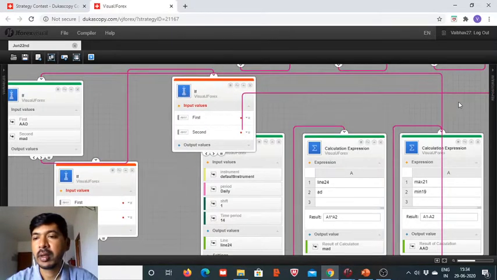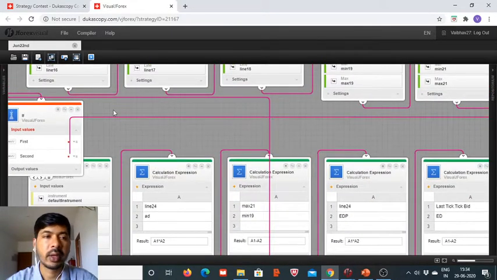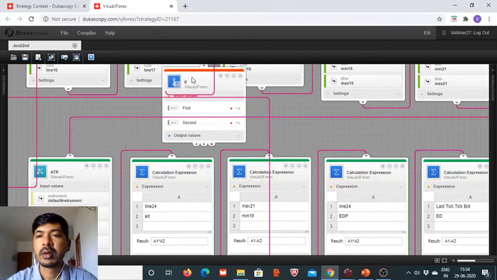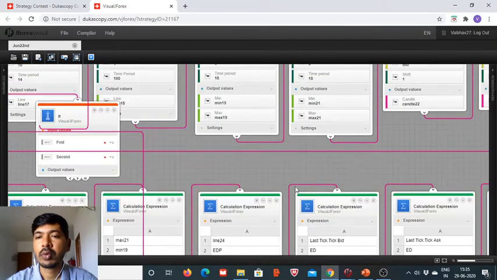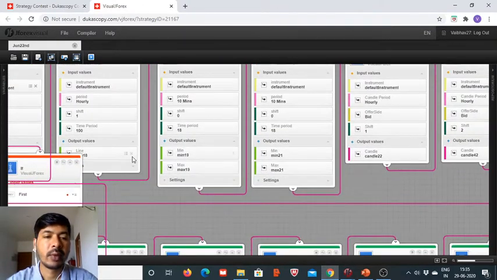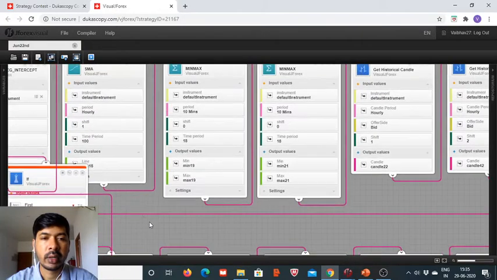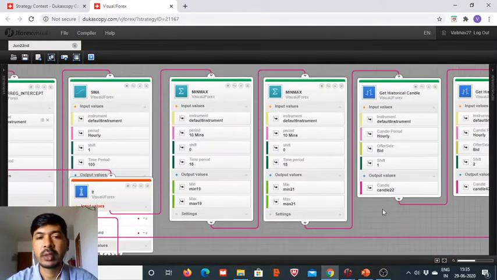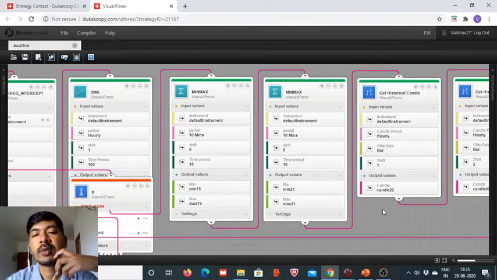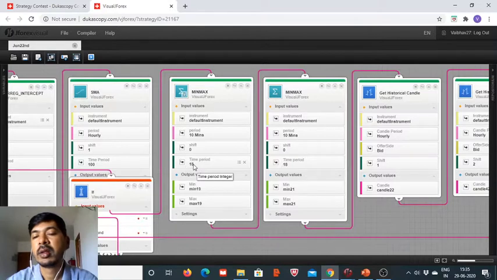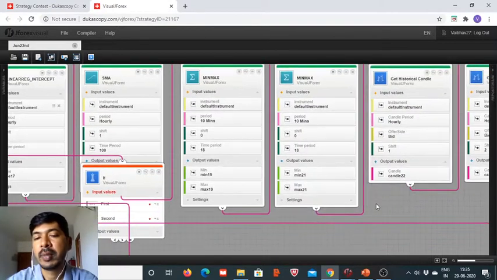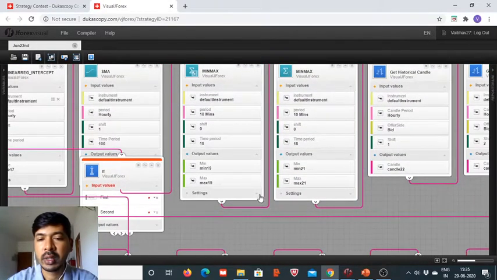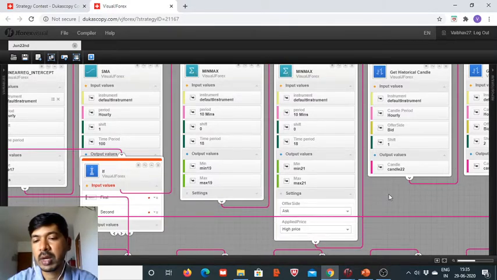All right, then we have to compare the maximum value of the last 3 hours to be above the SMA, and for that we are going to need to look into the min max values, and here as you can see we have these min max blocks defined for 10 minutes each with the time period of 18. So that is the data for 180 minutes, and we have to consider the ask side high price for the maxima.